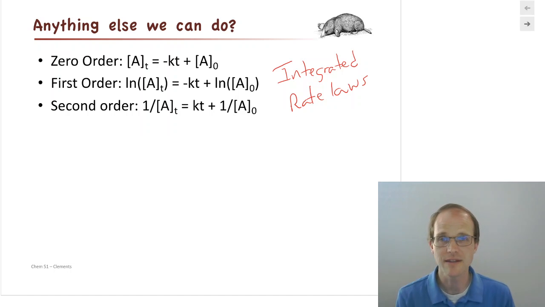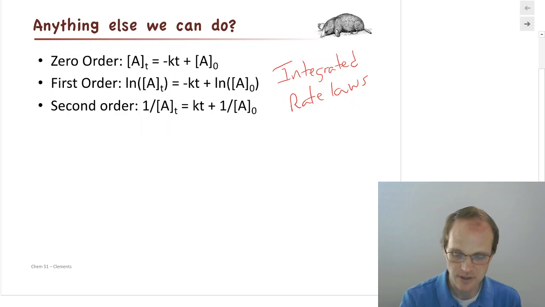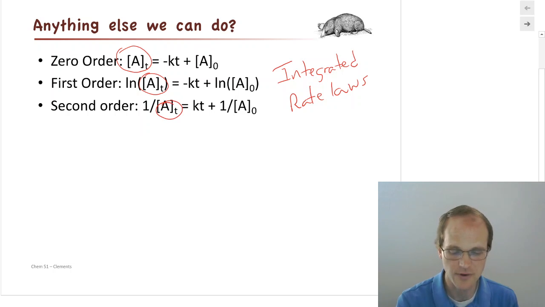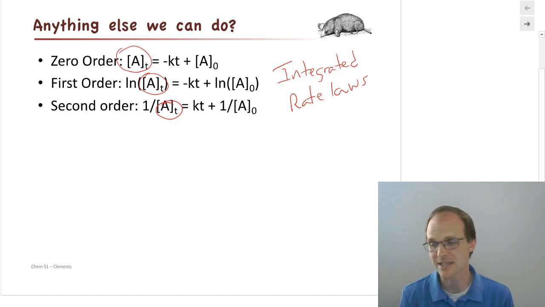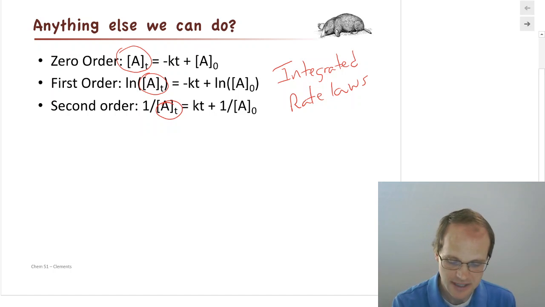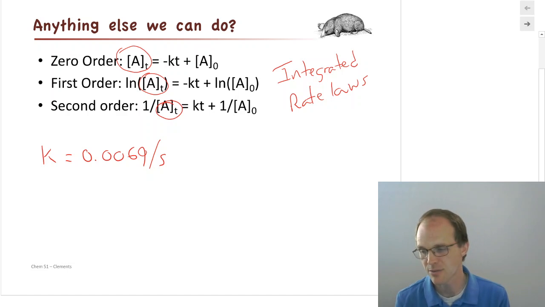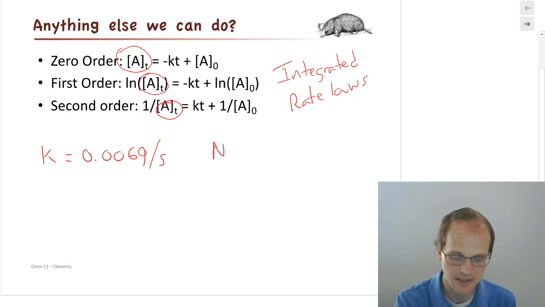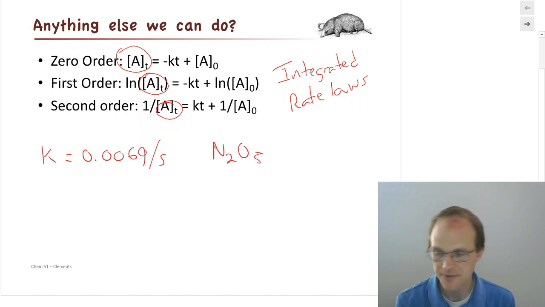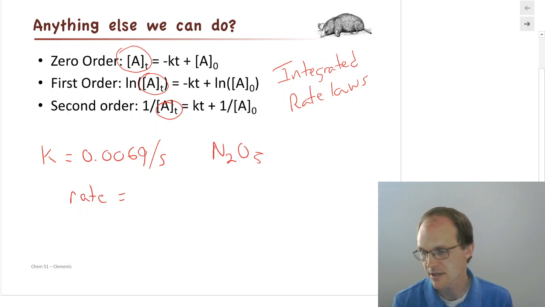Well, the one thing these are often used for is if we know a reaction is zero order or first order or second order, we can use it to determine the concentration of one of our reactants at any given point in time. So if we use the example from the slides in the last video, we had the N2O5 reaction. We saw that K was 0.0069 per second for N2O5, and our rate law was first order.